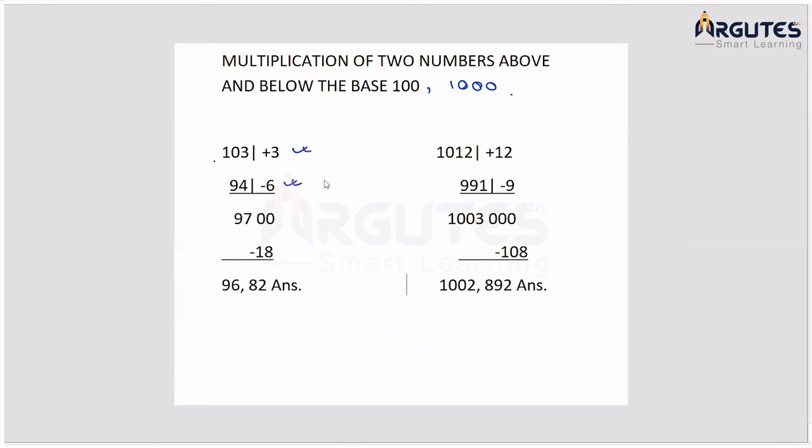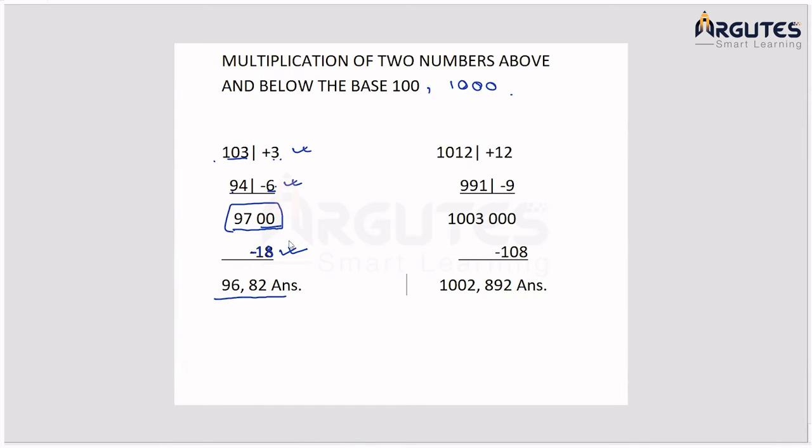So it's minus 6. So we write here minus 6 into 3, that is minus 18, and 103 minus 6, that is 97, or 94 plus 3, that is 97, so 9700 over here, and we just subtract 18 from it. So 9700 minus 18 is 9682.